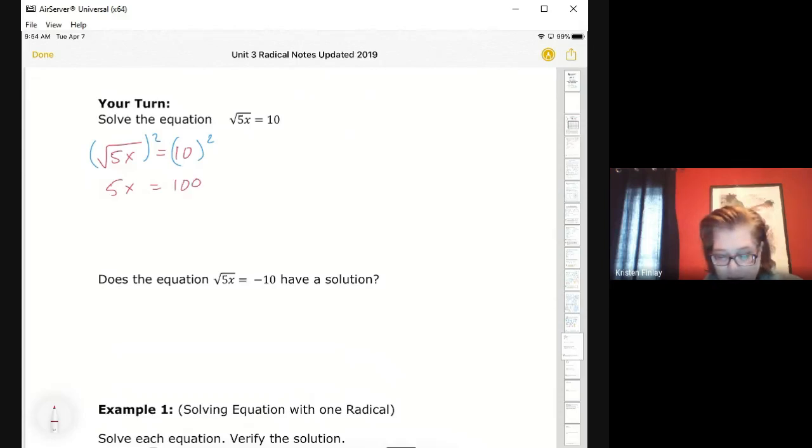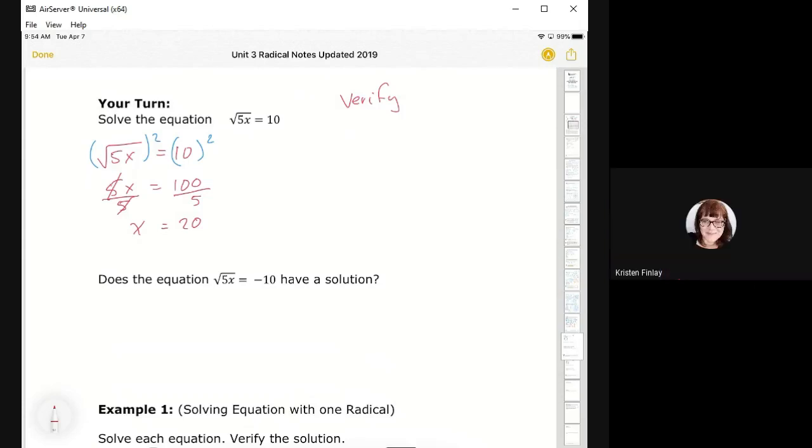So I would get as my solution, I'm going to divide both sides by 5. It divides out on this side, and I get x is equal to 20. Now I want to verify this to see if it works. Verifying x equals 20, I have my left side and my right side.